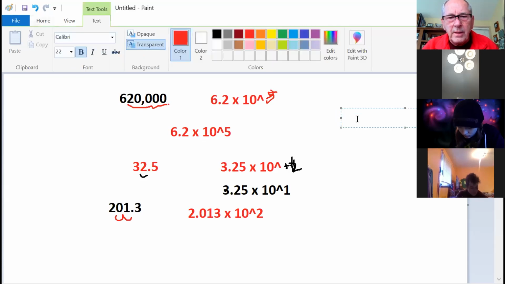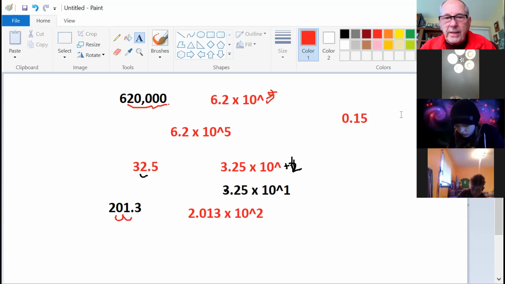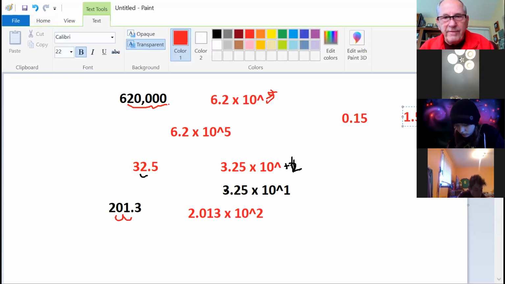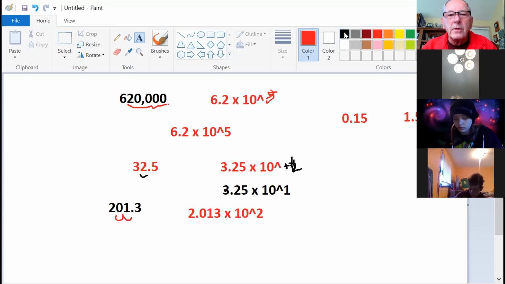Let's do a negative one. What if you had 0.15? I say, okay, convert that to scientific notation. Well, the scientific notation version is 1.5 times 10 to the something, right? What is that something? We have to figure that out. You go back and say, how do I get 1.5? I get it by moving the decimal 1 place to the right.